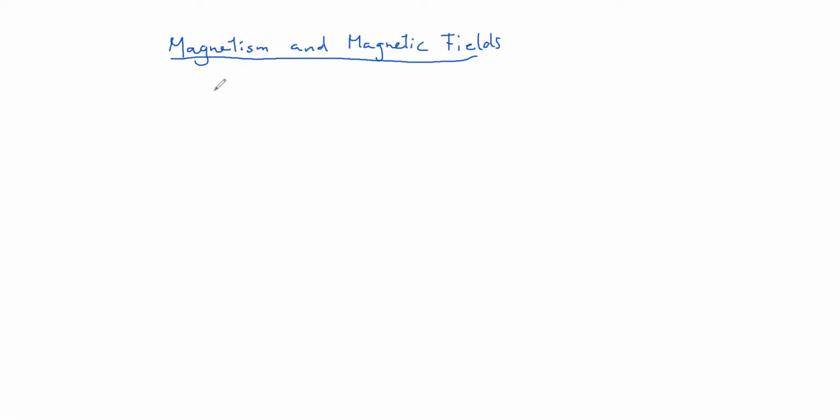As you guys may or may not remember, we can classify substances under three specific categories: magnetic, ferromagnetic, and non-magnetic.